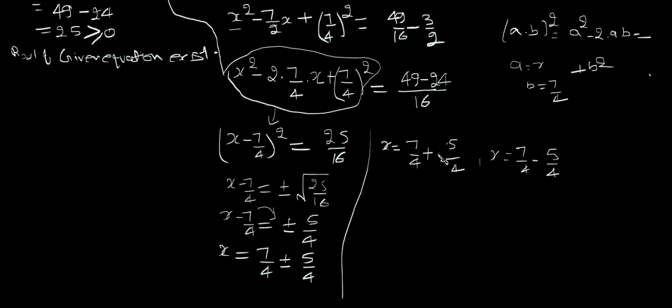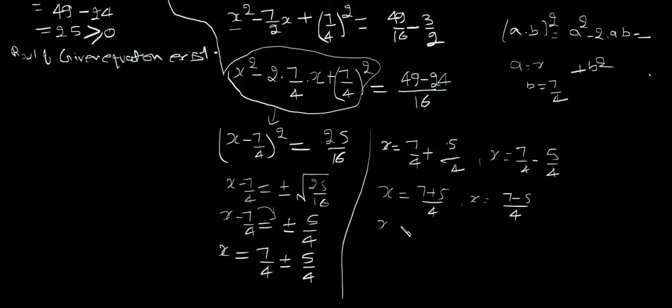I have taken one value by plus, another value by minus. So here I can say x is equal to 7 plus 5 upon 4 is one value, and x is equal to 7 minus 5 upon 4 is the other value.